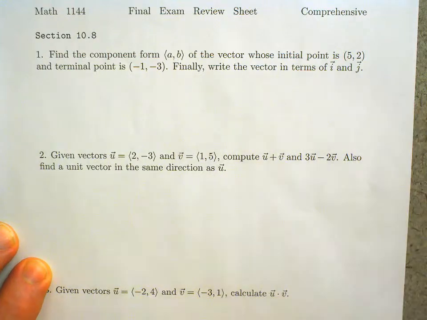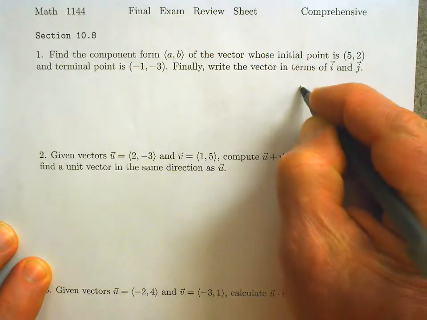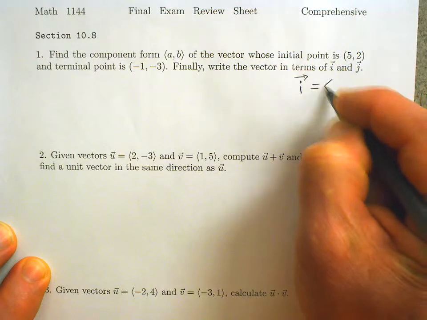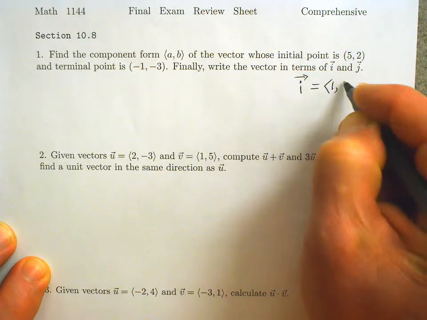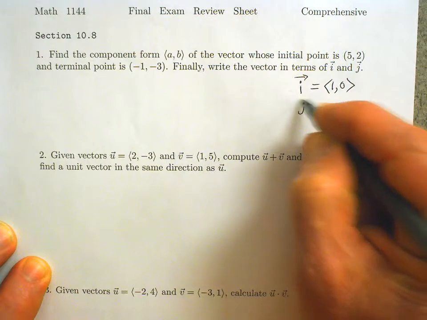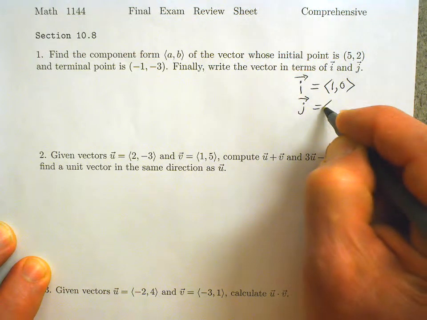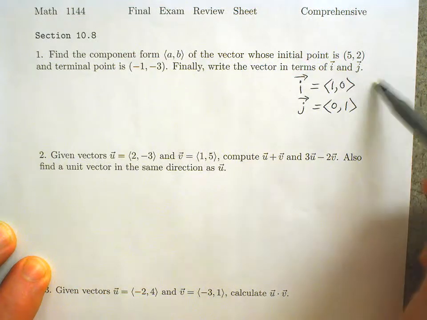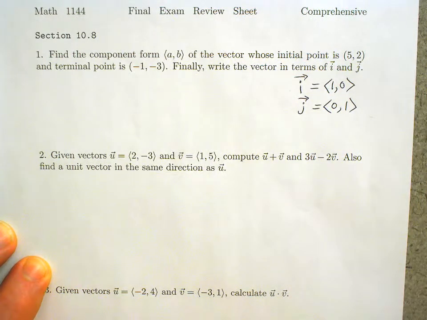So just as a reminder, the vector i in component form is the vector 1, 0, and the vector j in component form is 0, 1. Those are the component vectors for vectors i and j.